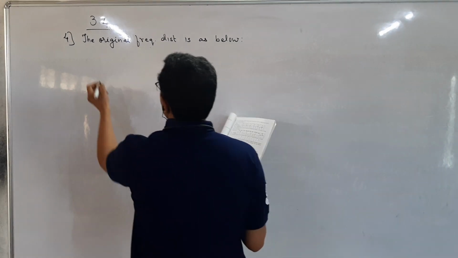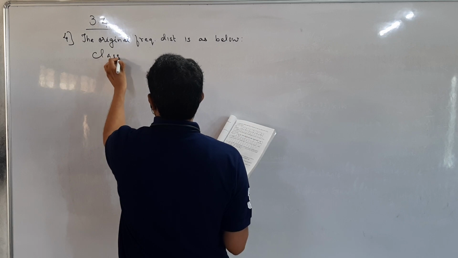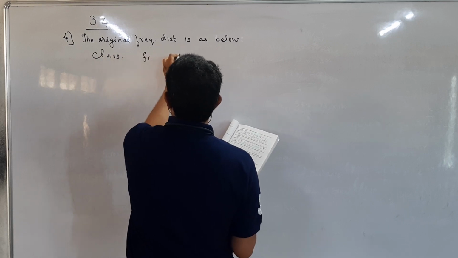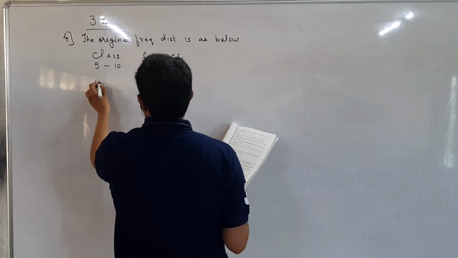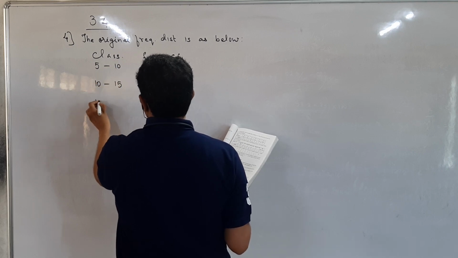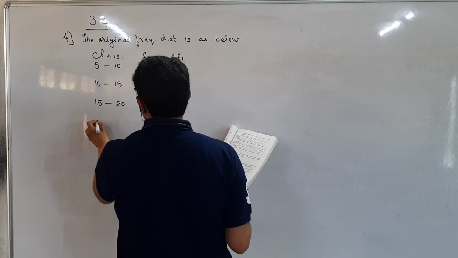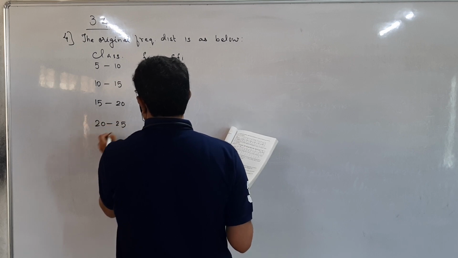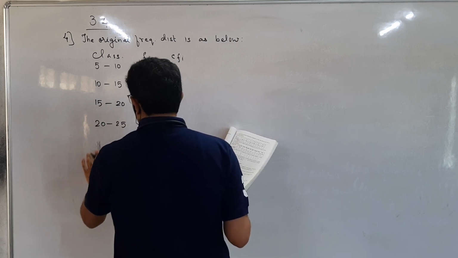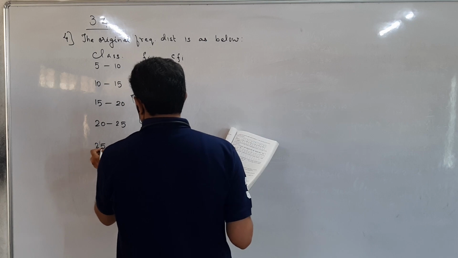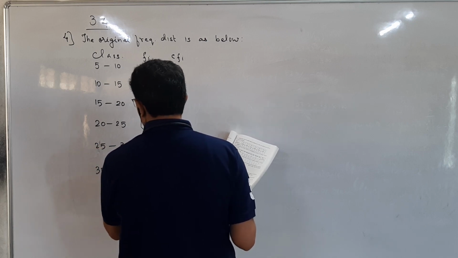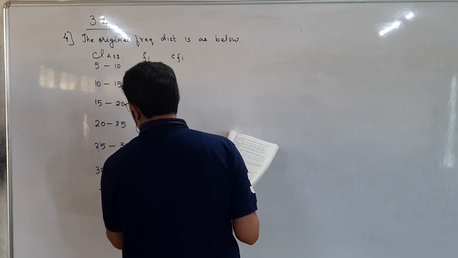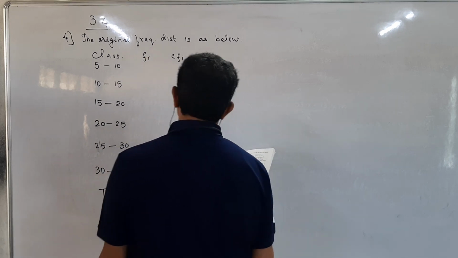So classes start from 5 to 10, 10 to 15, 15 to 20, 20 to 25, 25 to 30, and the last class will be 30 to 35, and then the corresponding totals.